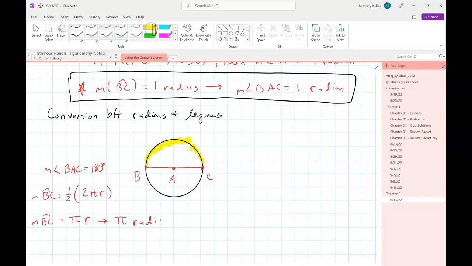And if I know that an arc length of 1 radius gives me an angle measure of 1 radian, an arc length of pi radii will give me an angle measure of pi radians. Is everybody okay with that?